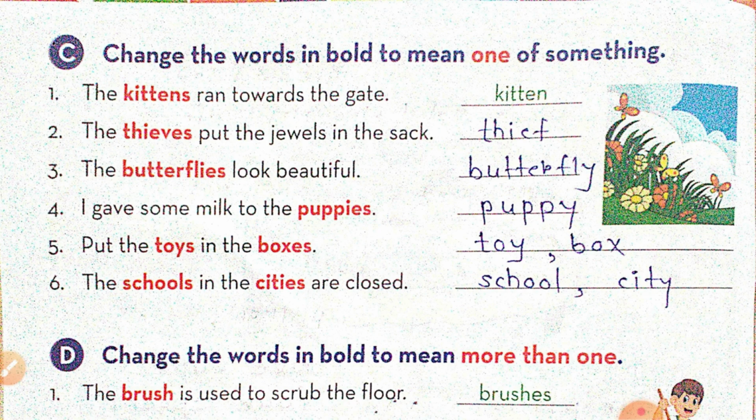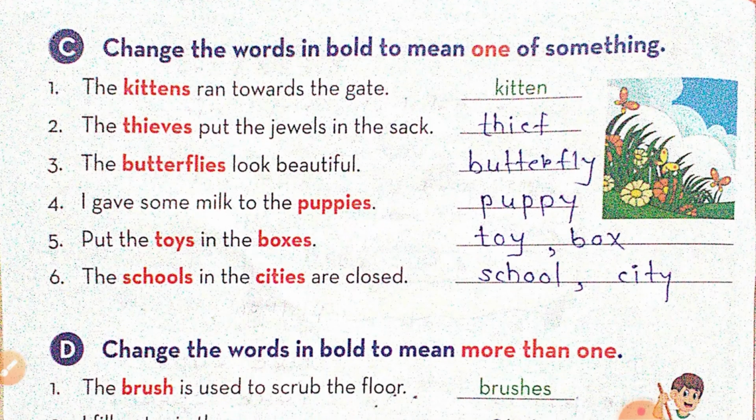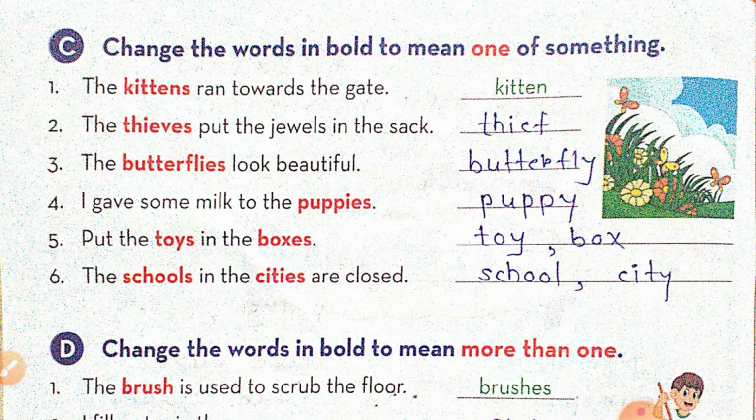Its singular form is kitten. S is removed. The thieves put the jewels in the sack. Thieves. Thieves means chor. Thief means एक चोर और thieves means बहुत सारे चोर.